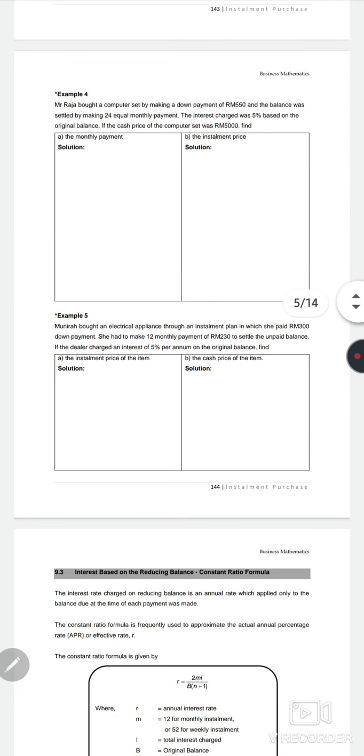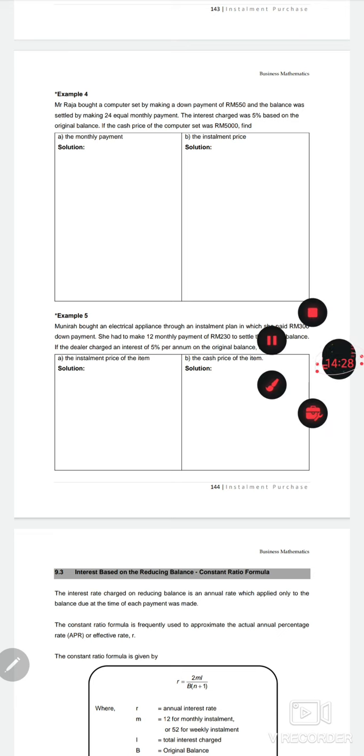Okay, then example 4. I think example 4 also has no problem. Mr. Raja bought a computer set by making a down payment of 550 and the balance was settled by making 24 equal monthly payments. So your N is 24. The interest charge was 5% based on the original balance. If the cash price of the computer set was 5,000, fine.